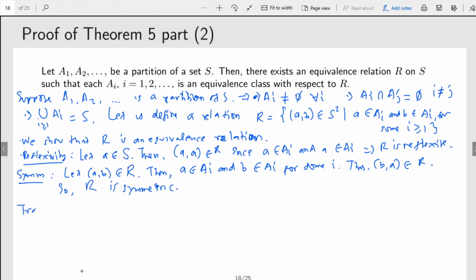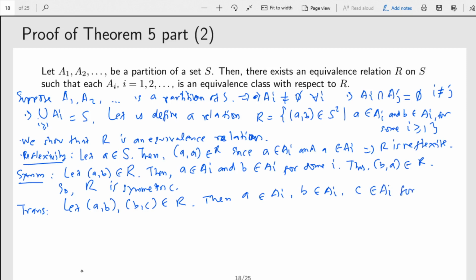Now for the transitivity, let A comma B and B comma C be two pairs that are in R. Then A is in AI, and then also B is in AI, but also by definition C must be in AI for some I. Thus of course A comma C must be in R. Thus we conclude that R is transitive.